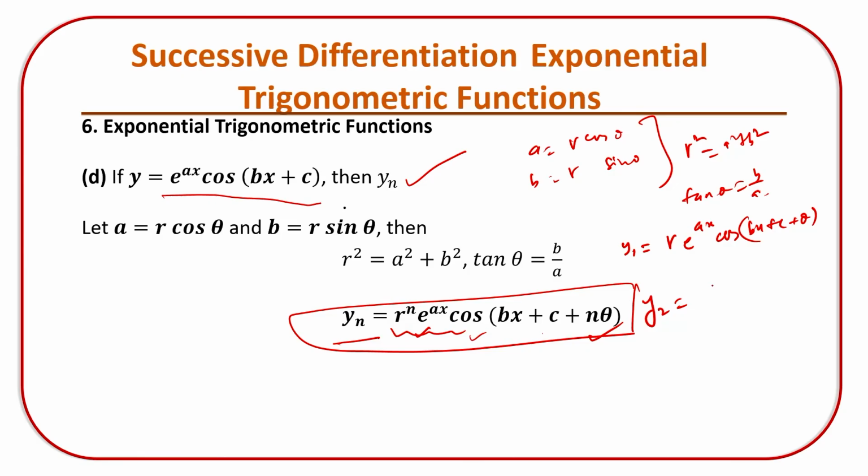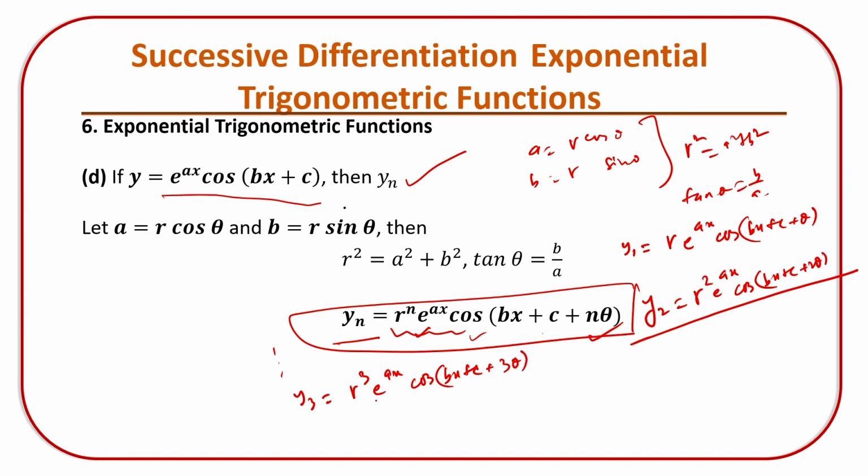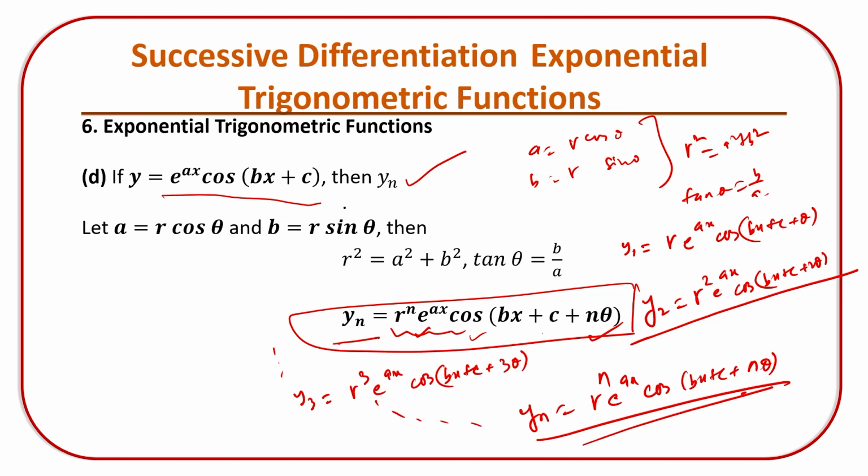So using the same thing, it comes out to be r square e power ax cos of bx plus c plus 2 theta. That will be your answer. Similarly, if you find y3, that is equal to r cube e power ax cos of bx plus c plus 3 theta. And if you do the same thing, then yn, as it is written, r power n e power ax cos of bx plus c plus n theta. That will be your answer, right?